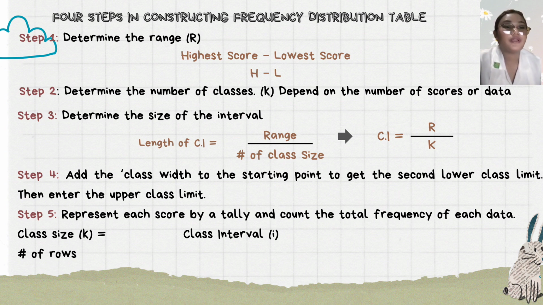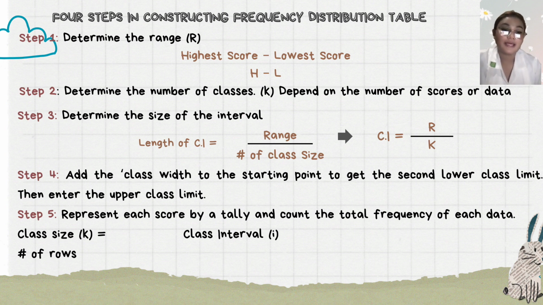Add the class width to the starting point to get the second lower limit, then enter the upper class limit. So, i-add natin yung class width sa second lower class limit tapos sa upper class limit. So, makuha natin siya sa table later.